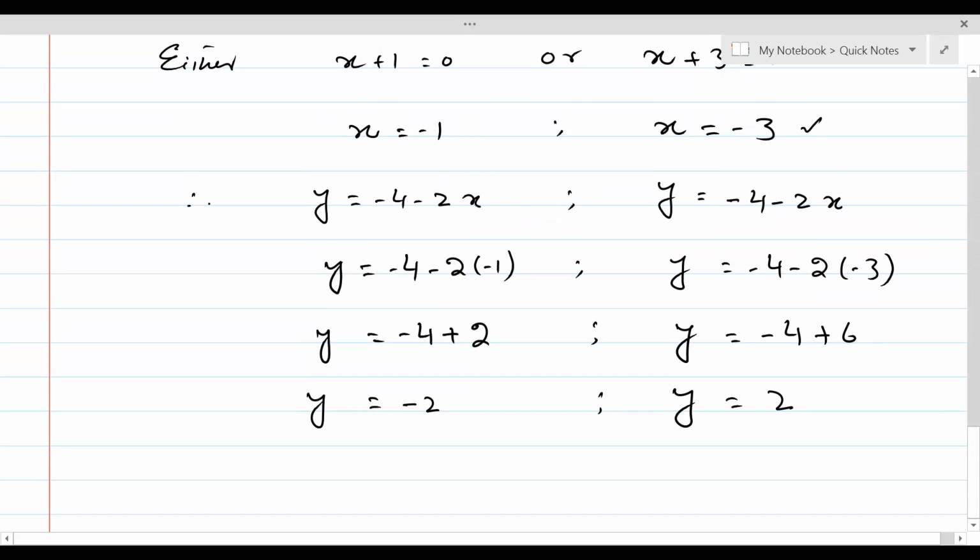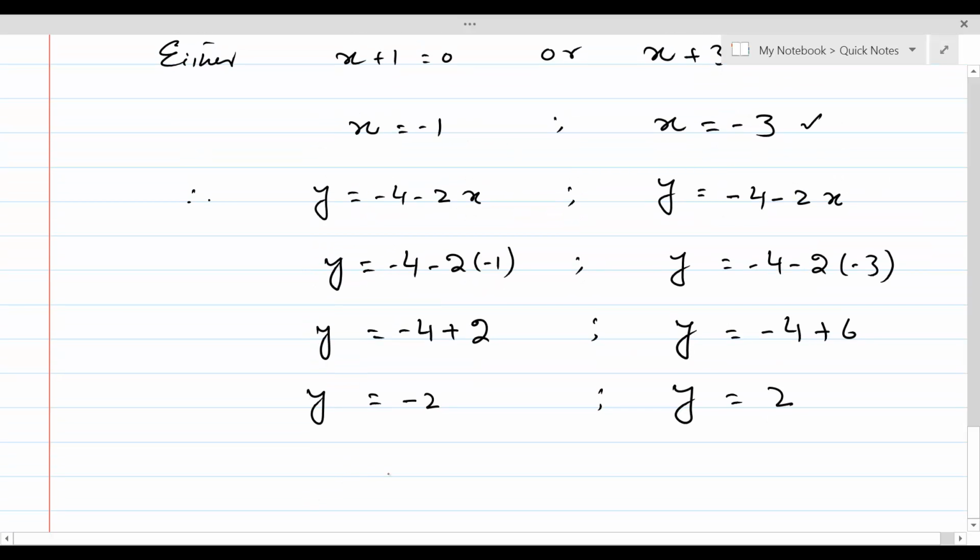So we have two solutions. One is minus 1 and minus 2. This is one point where the two quadratic equations intersect, and there is another point, and that point is minus 3 and 2.